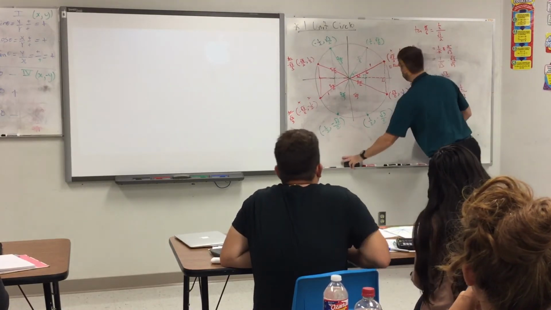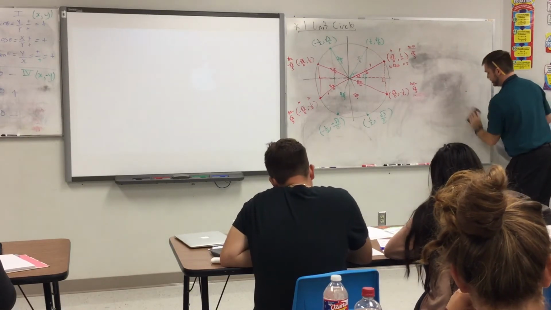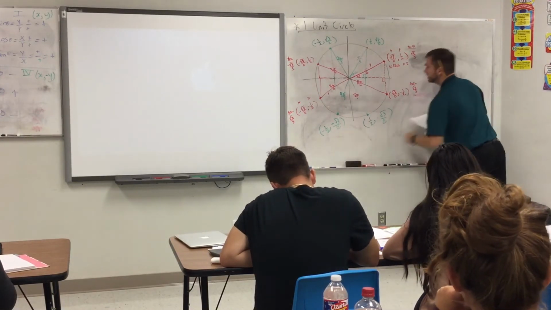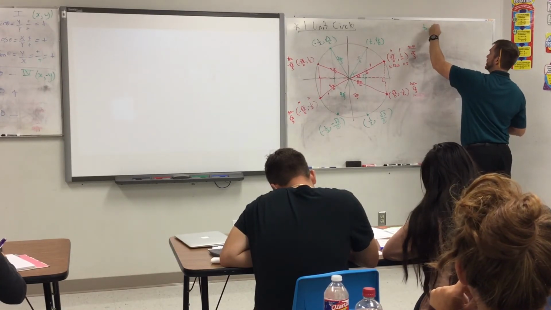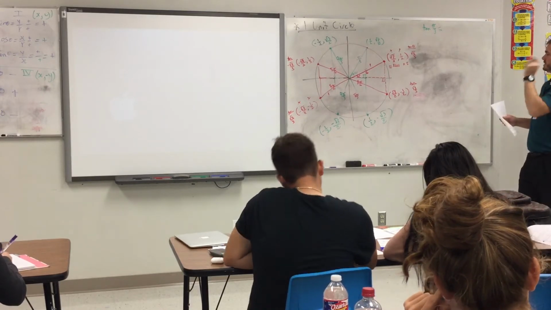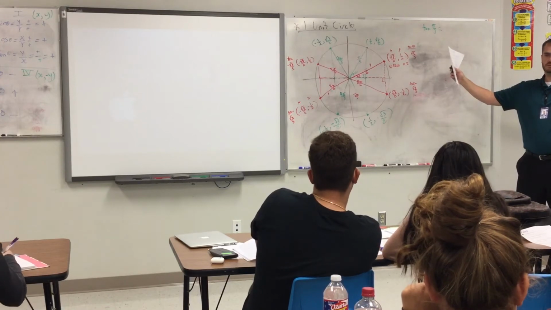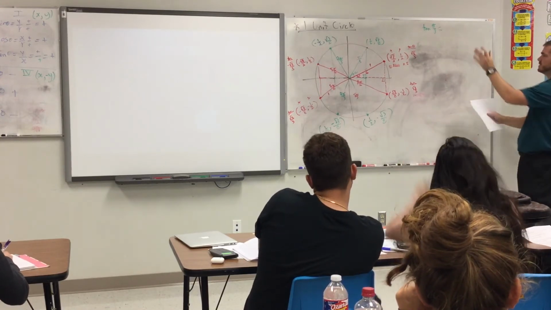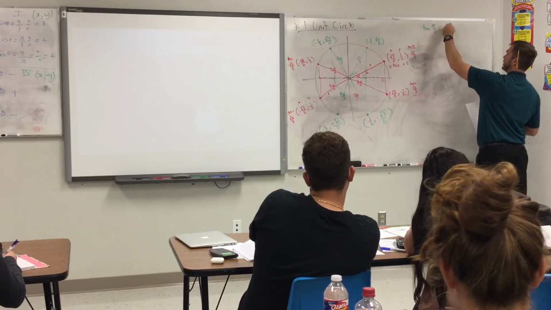Let's do it for this one right here, so might as well just get it out of the way right now. So, what's the tangent of pi over 3? Root 3. So call out to me, class. Tangent is what over what? Y over x. So what's the y value? Root 3 over 2.